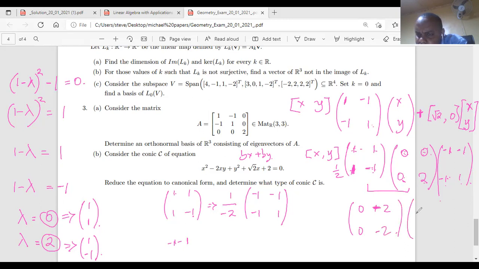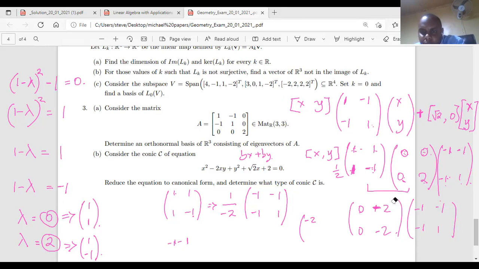Then minus 1, minus 1, minus 1, 1, so 0, negative 2. It's not right. So maybe the inverse is wrong. A equals [0, 0; 0, 2].